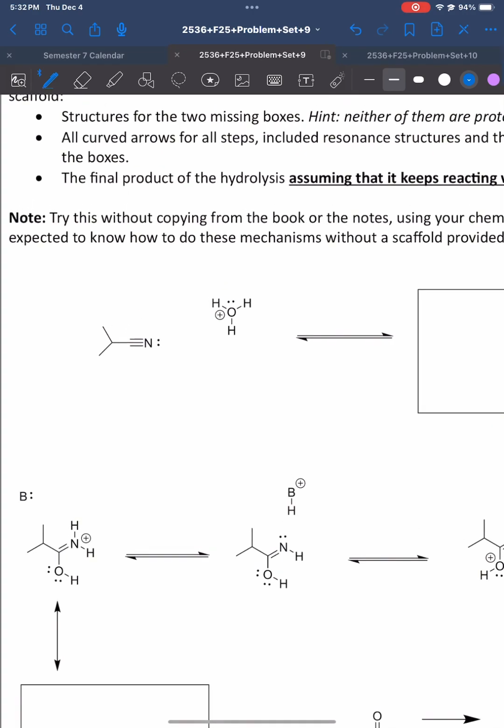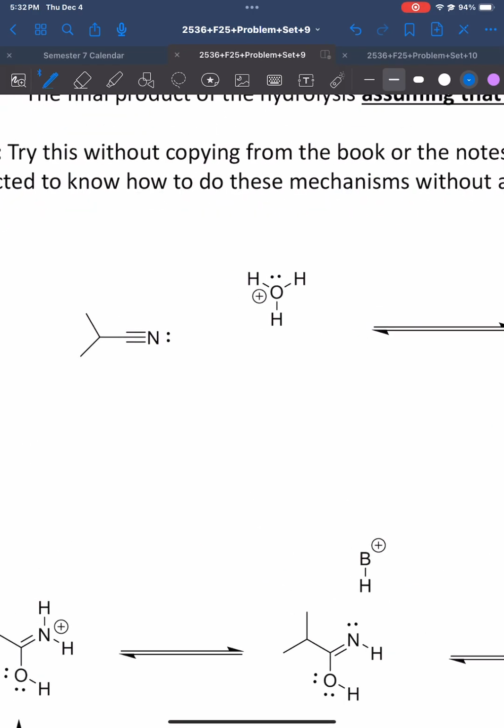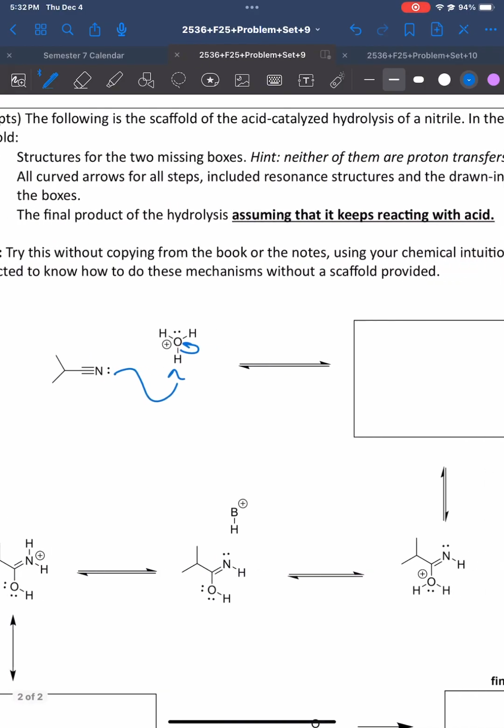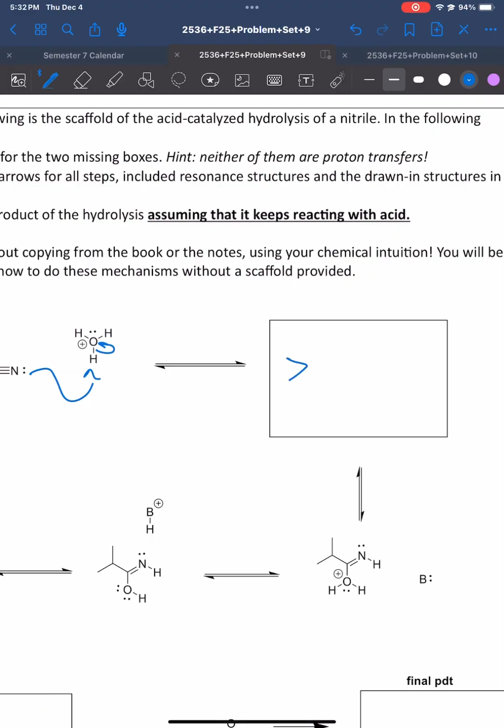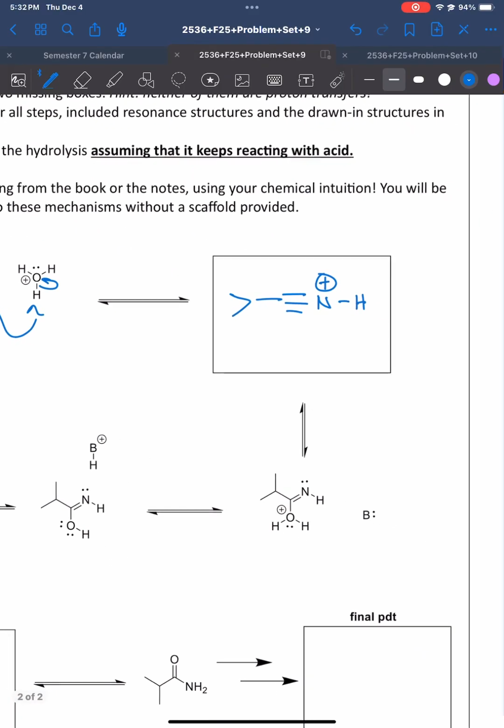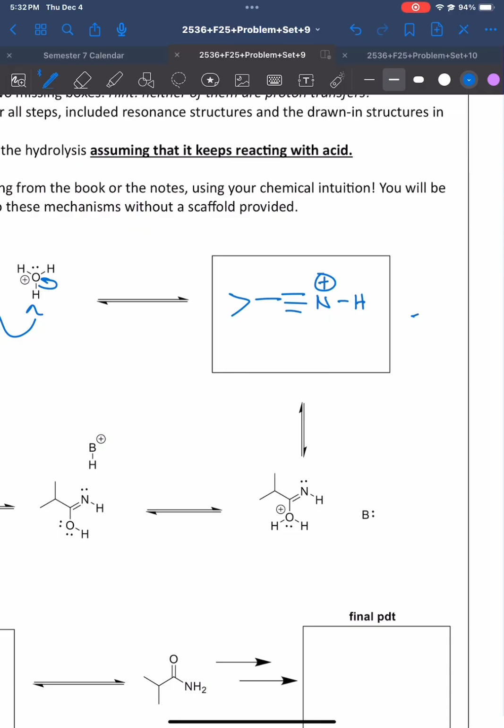First step, we have this lone pair on the nitrogen going to attack this hydronium, and this bond is going to go back onto the oxygen, forming this group right here, a nitrogen with a hydrogen. This has a positive charge. All right. Next, we have to figure out how to get from this molecule to this molecule.